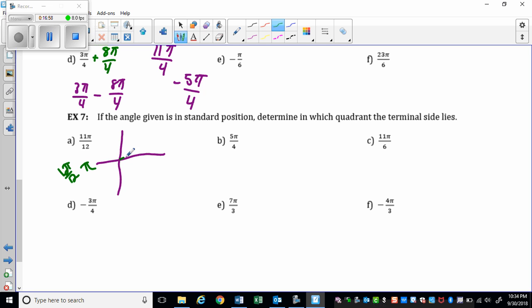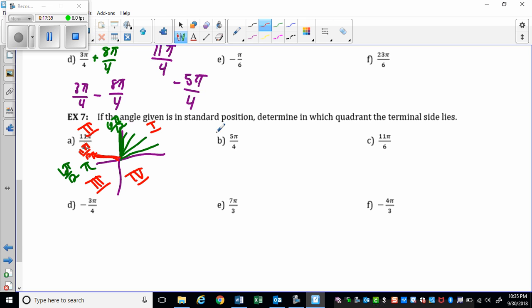So maybe something like this. I know 6 pi over 12 is pi over 2. So 11 pi over 12 is going to be right before 12 pi over 12, so really close to pi. This is going to be 11 pi over 12. Okay? And this is the second quadrant. So this is quadrant 1, this is quadrant 2, this is quadrant 3, and then this is quadrant 4.